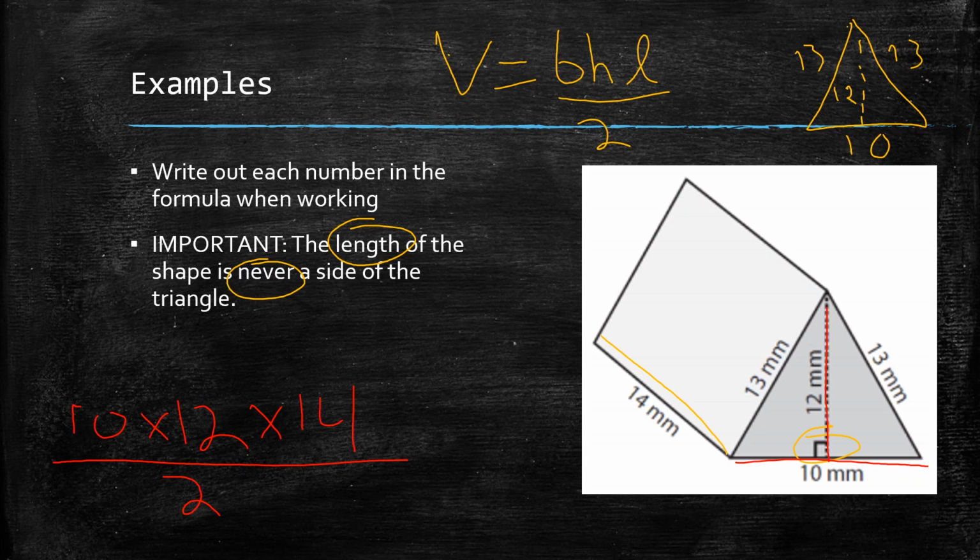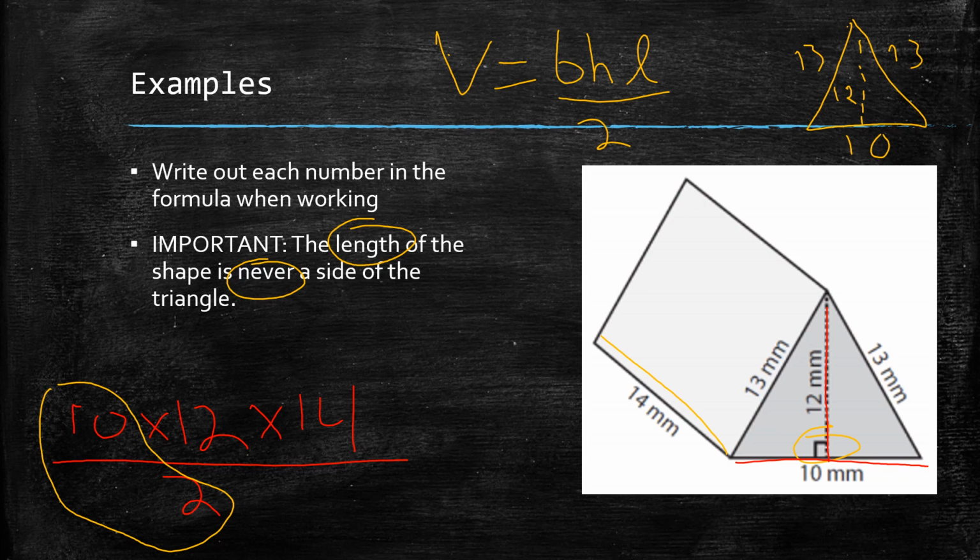Now you can do this whatever way you want. You can multiply 10 times 12 times 14, divide by 2. You're going to get a big number. If you wanted, you could divide 10 by 2 and get 5. 5 times 12 times 14.